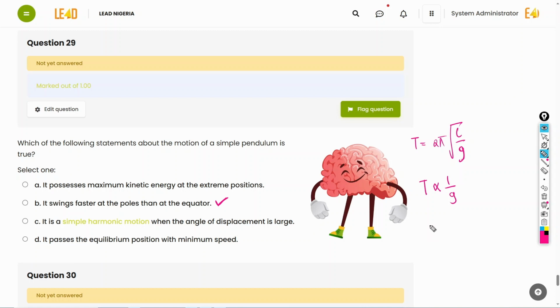But your period is also inversely proportional to the speed, because something that takes a long time to complete has a low speed. That means your speed is directly proportional to gravity. The force of gravity is higher at the poles than at the equator, so your speed also goes up. The correct answer is B.